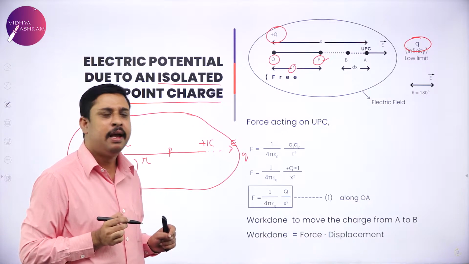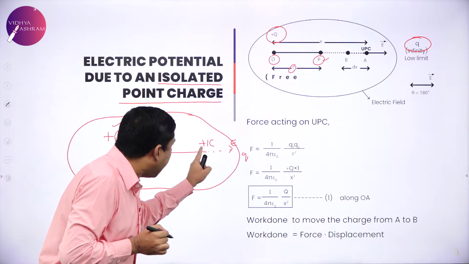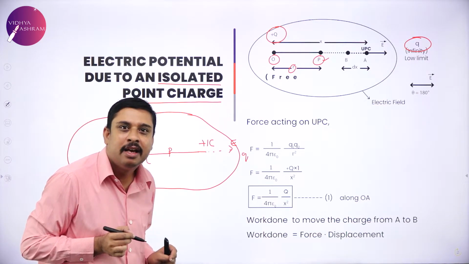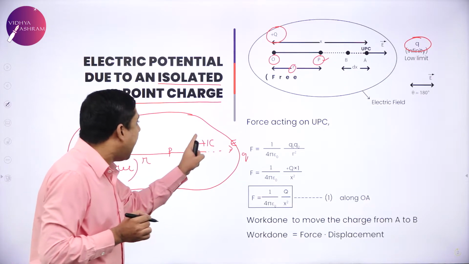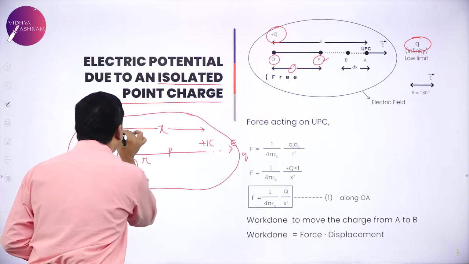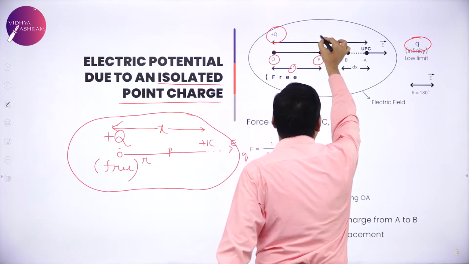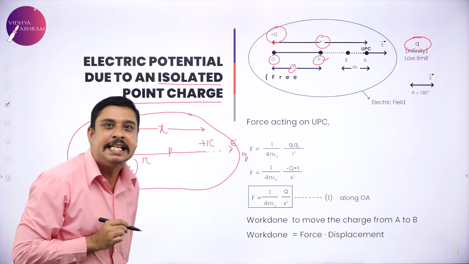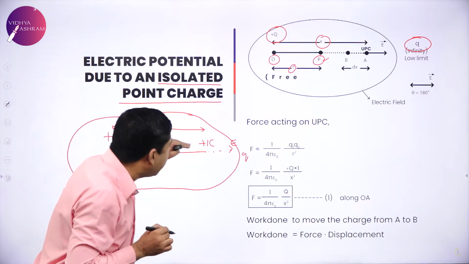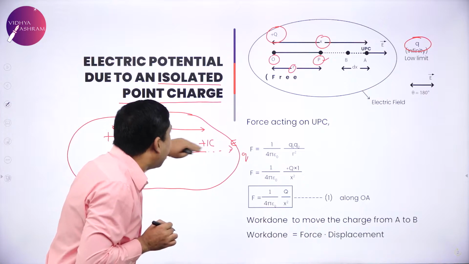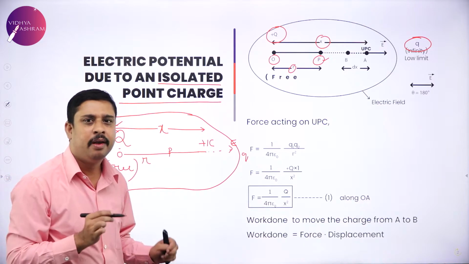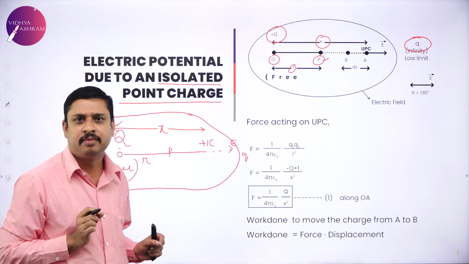So I repeat, I consider a test charge which is a UPC in the electric field, and this UPC is at a distance x from the point charge. This distance x is the distance between the UPC and the point charge, and the field is acting away from the UPC.